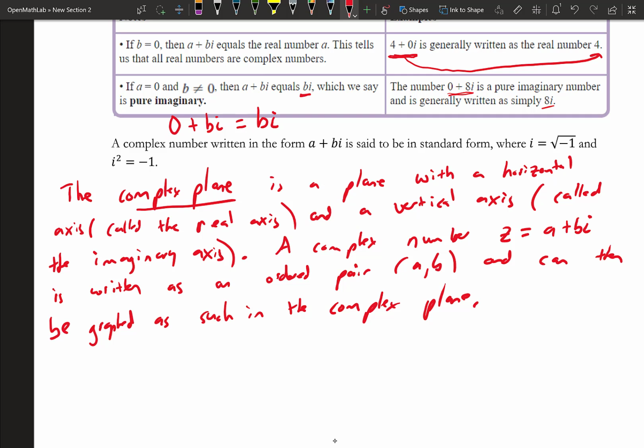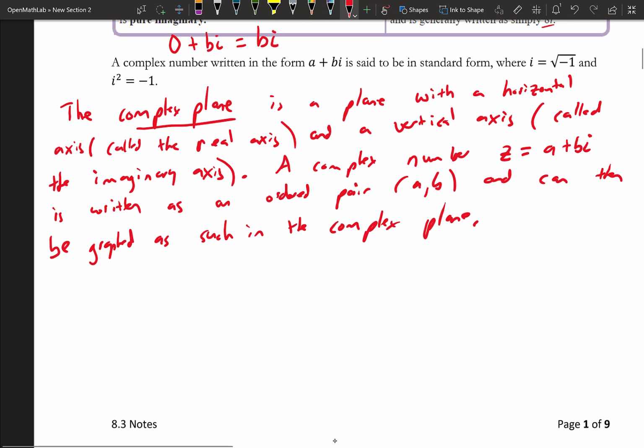Basically, what I'm trying to say is if we have a complex number a plus bi, then a is like the x-axis, if you will, the real part, and then b, the imaginary part, we can treat like the y-axis. And just a side note: I wrote z equals a plus bi. So z is often used to represent a complex number by tradition.